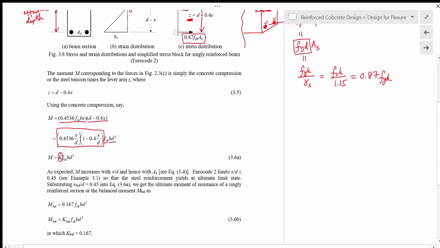So as expected, M increases with x over d and hence with As, the cross-sectional area of the steel. Eurocode 2 limits x over d to 0.45 to make sure that the cross-section fails in tension failure. If all the beams that we've designed will fail in tension failure, then the steel reinforcement will yield at ultimate limit state.